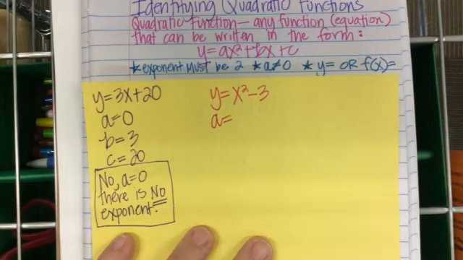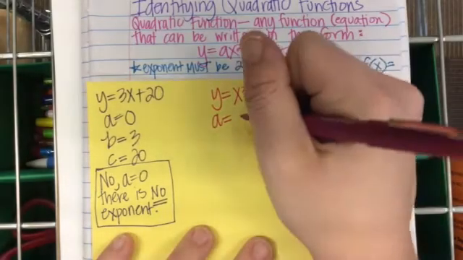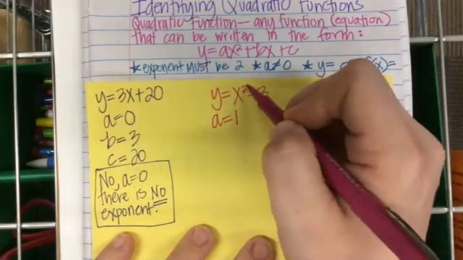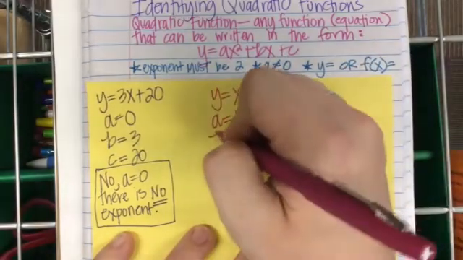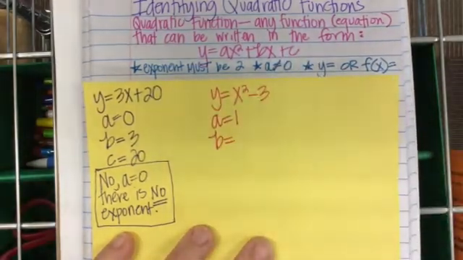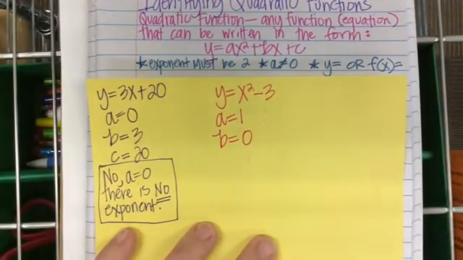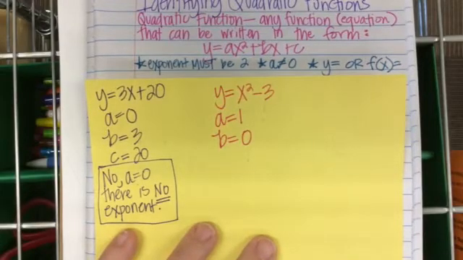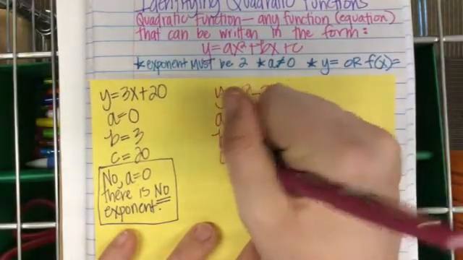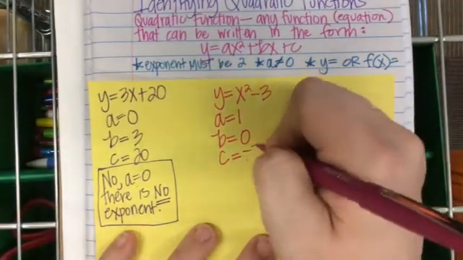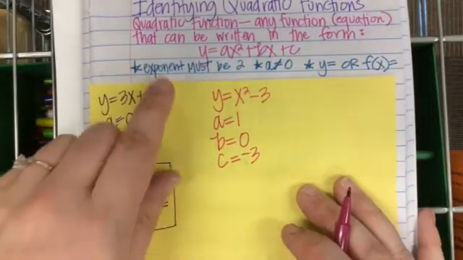What's the a value? 1x squared. What's the b value? 0, because there is no x value. There's an x squared, which is my a, but there is no x. And what's my c value? Negative 3.